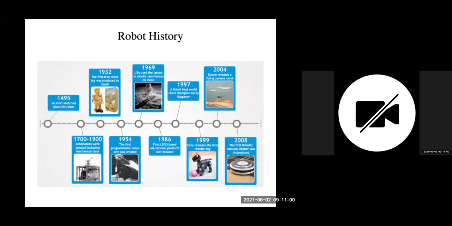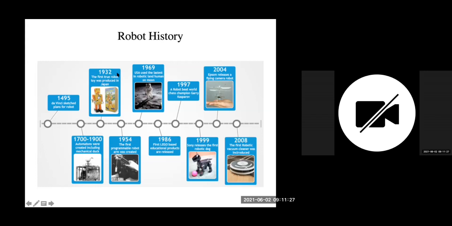So here's a brief history of the robot. It can be dated back a few hundred years ago, almost 1500. That's when the sketch plan for the robot started, and there was more activity recently, starting from 1700 to 1900.